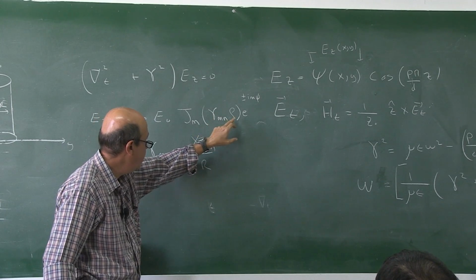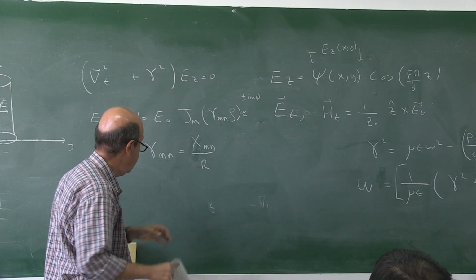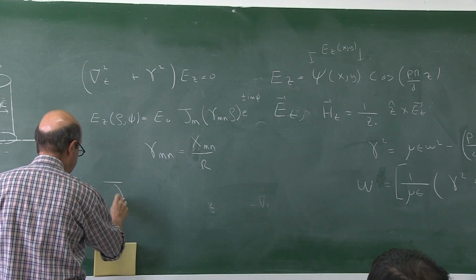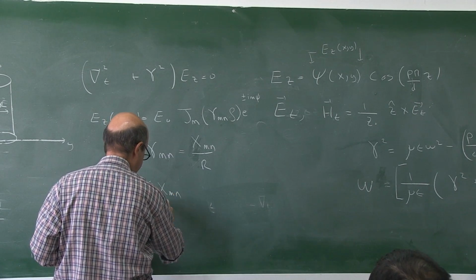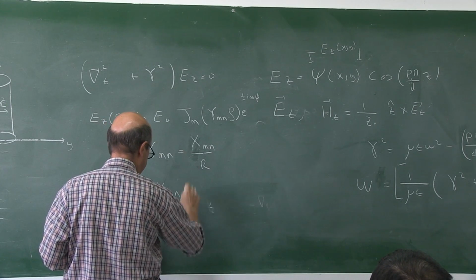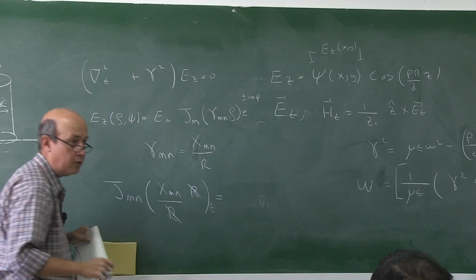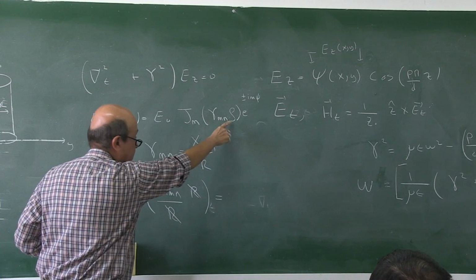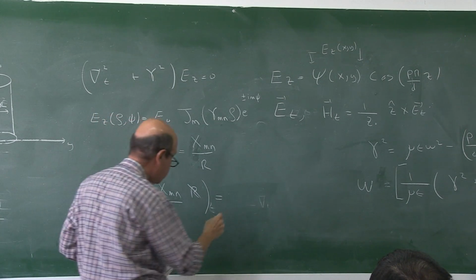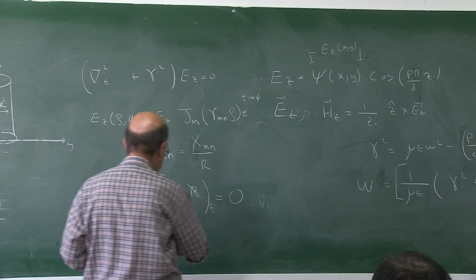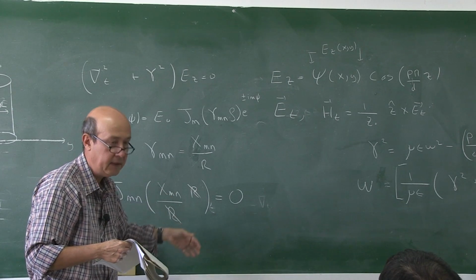If you substitute here, when rho is equal to r, you will obtain J m of x mn over r times r. And what should this value be when you go to the surface of the cylinder? When rho is equal to r, this Bessel function should be 0. So we can determine the values of x mn or gamma mn using the Bessel functions.